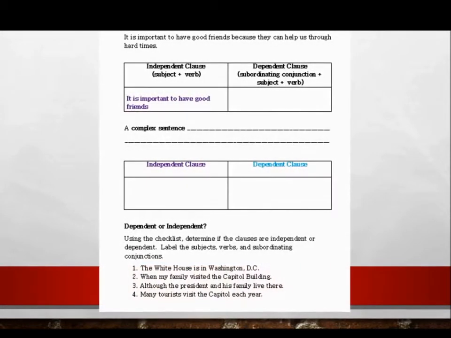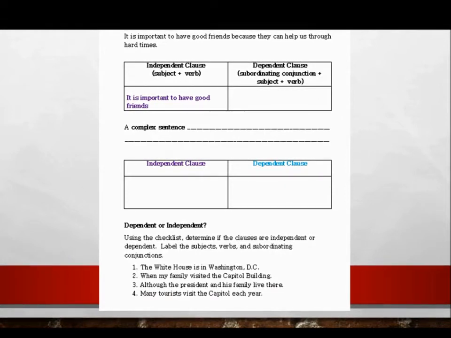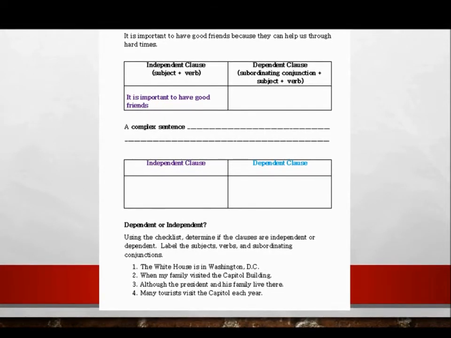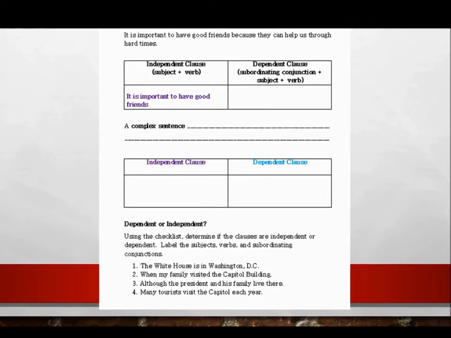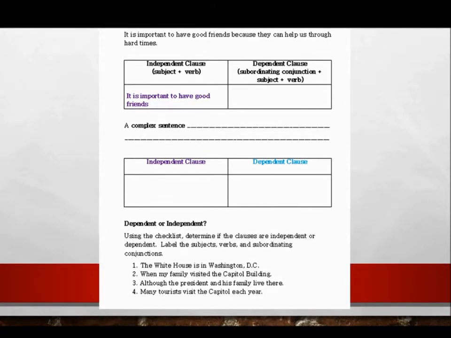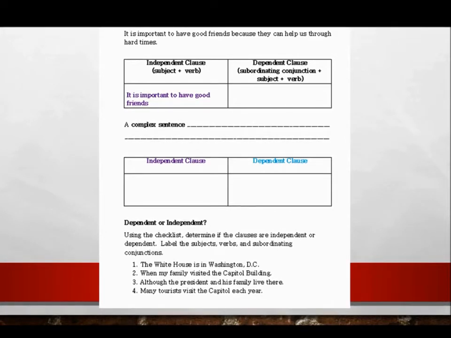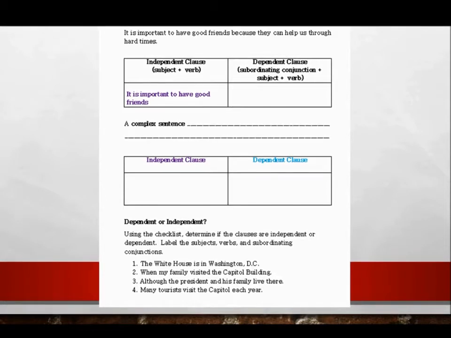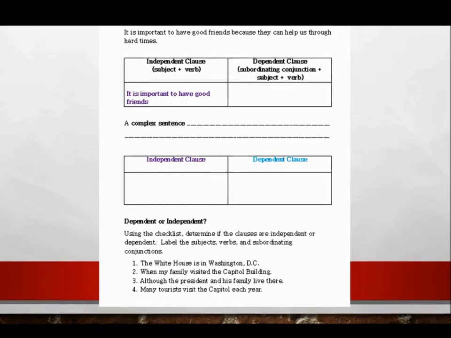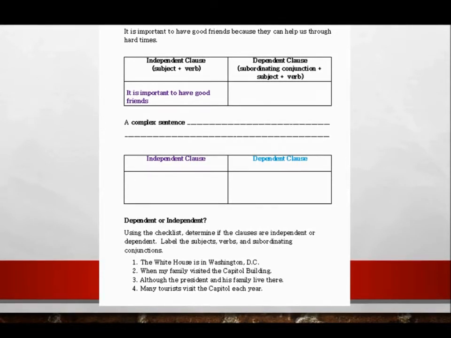The reason it is independent is because I have a subject, I have a verb, and I have a complete thought. It can stand on its own. When you're independent, you can stand on your own. Just like with our sentences, if they can stand alone and they don't need anything else to make them complete, they are independent. So, "It is important to have good friends." That is an independent clause.